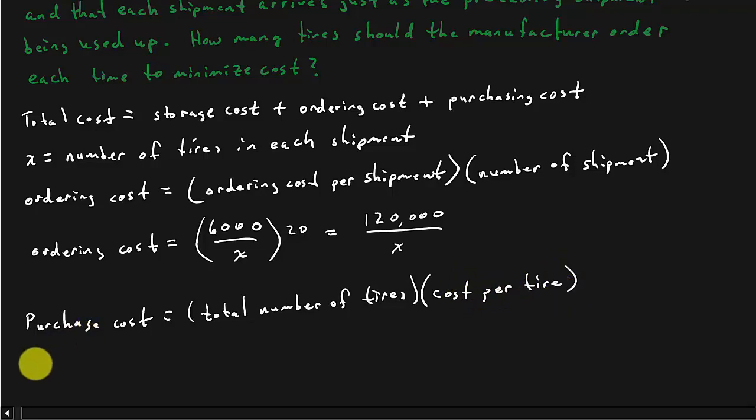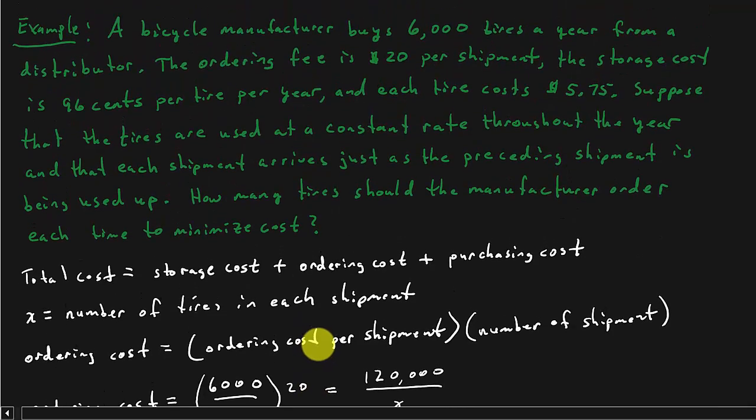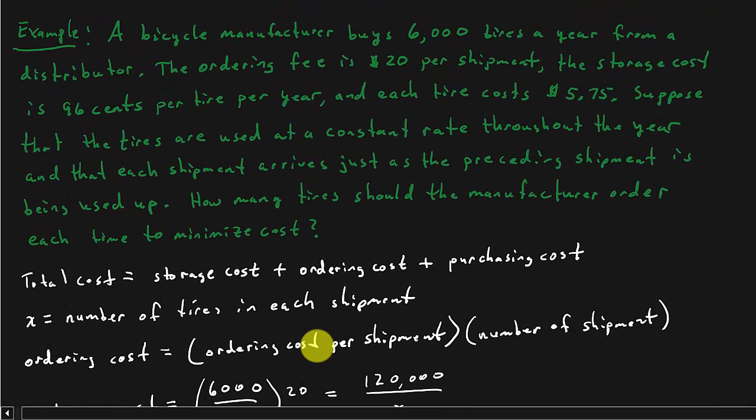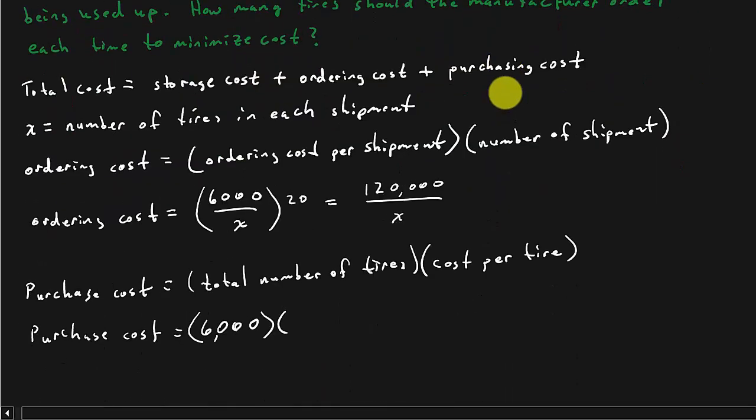So that's easy enough. So purchase cost, that's just the 6,000 times how much is it for each tire? 5.75. So that's 5.75, which is going to give us a total of 34,500. Let me make that look more like a 4 because I'll get confused of it being a 9 later on.